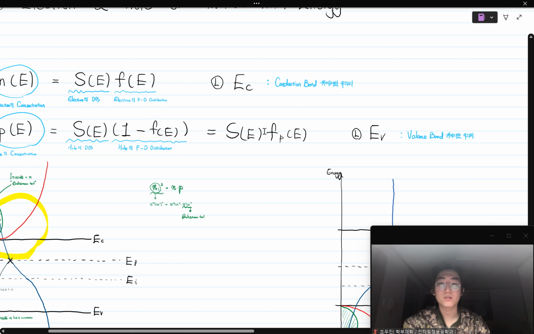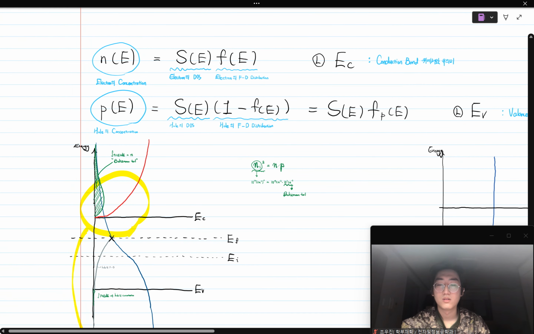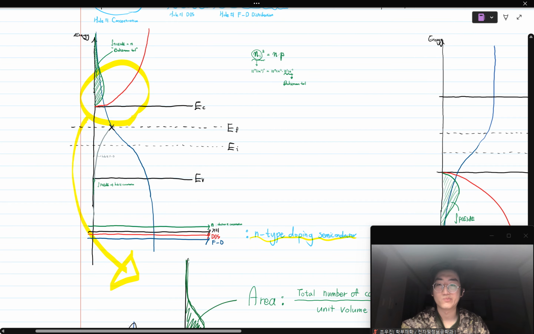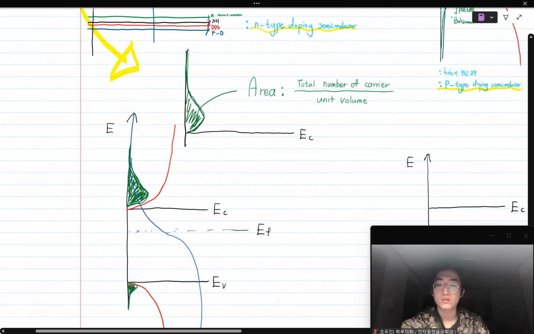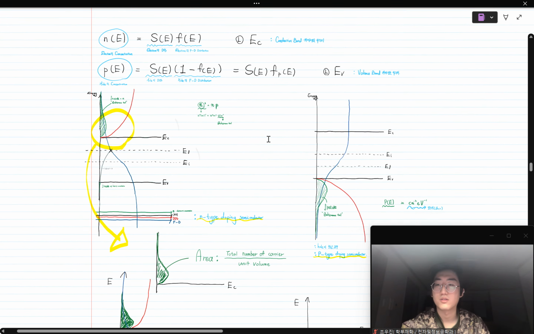So we can express it as fpE. It has direct meaning only in valence band. This is a graph of an N-type semiconductor. And this part means Boltzmann tail by these equations.